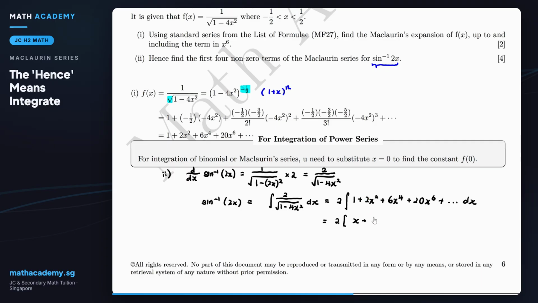So I get x plus, okay, we increase power, we divide by power. Plus c.